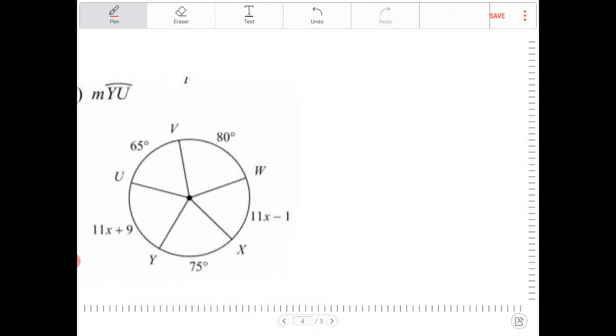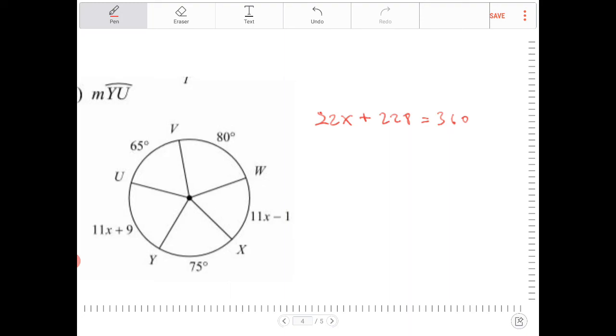And the last question. All 5 angles add up to 360. So 11x, 11x, that's 22x. 9 and negative 1, that makes 8. Plus, oh, hold on, 65 plus 75, that makes 140. 140 plus 80, that's 220. 220 plus 8 is 228, equal to 360.